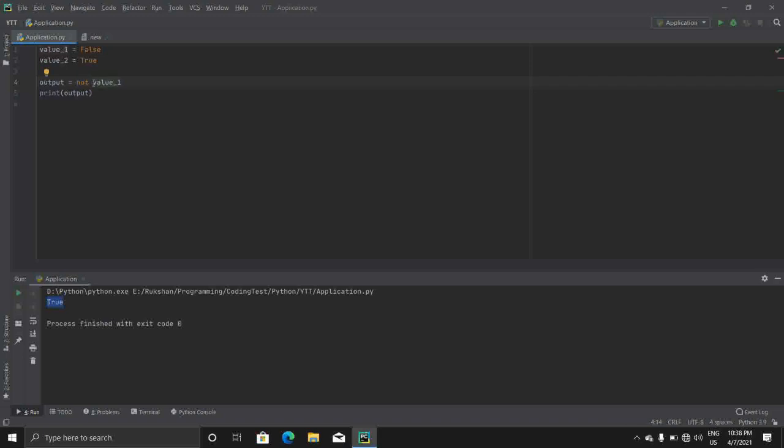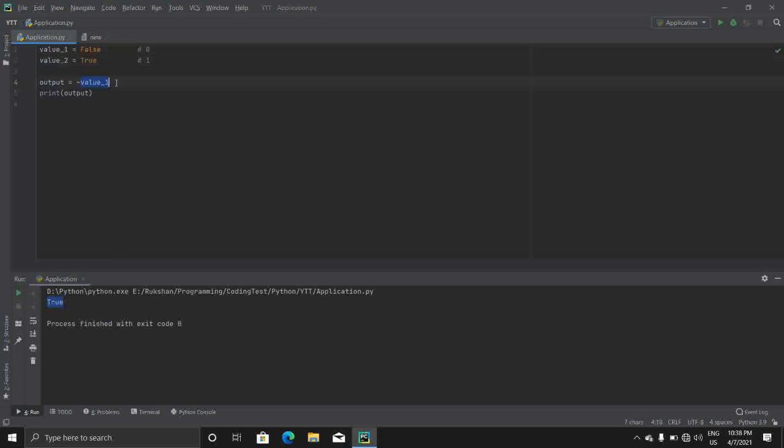Now we need to work with the NOT bitwise operator. To use the bitwise operator, we need to put this sign, and now this value 1 contains false. That means this is equal to 0, right? This false equals 0 and this true equals 1. Now what does this do?